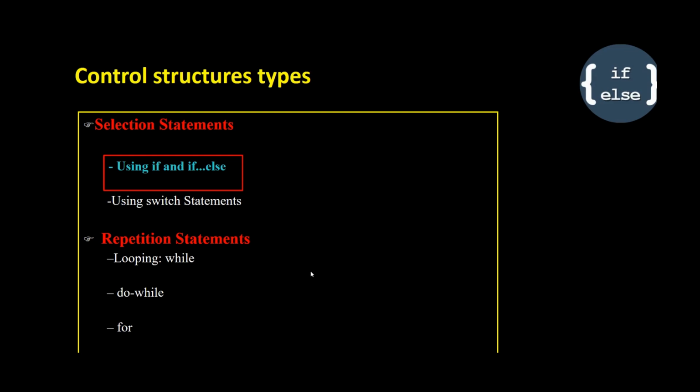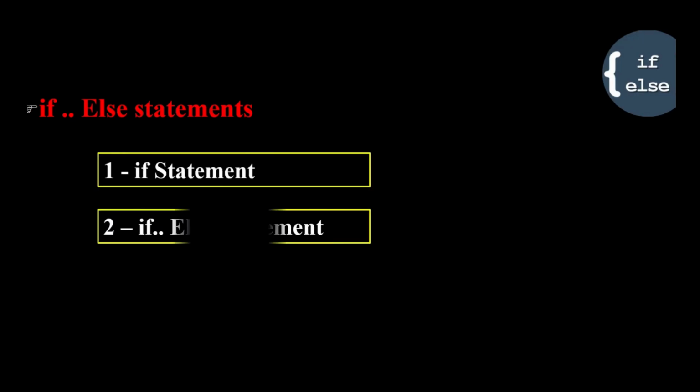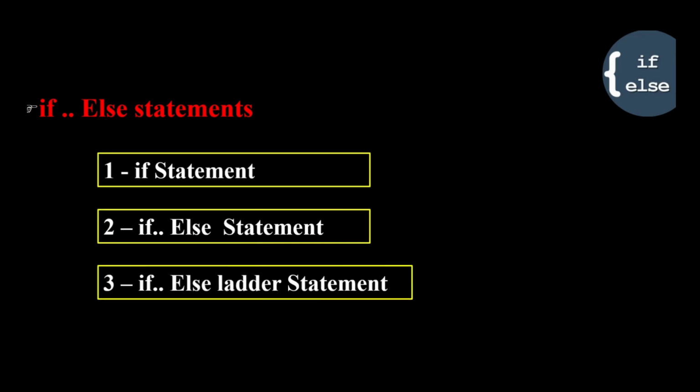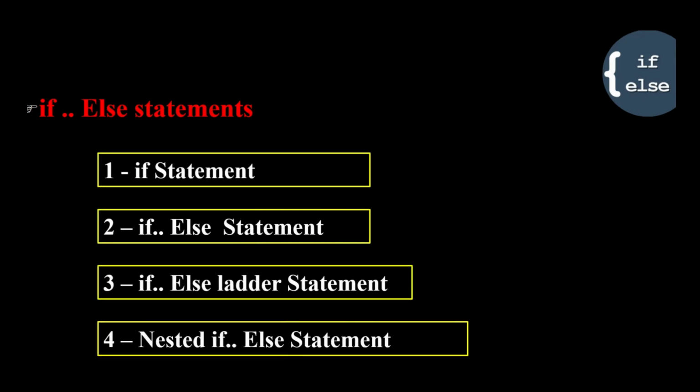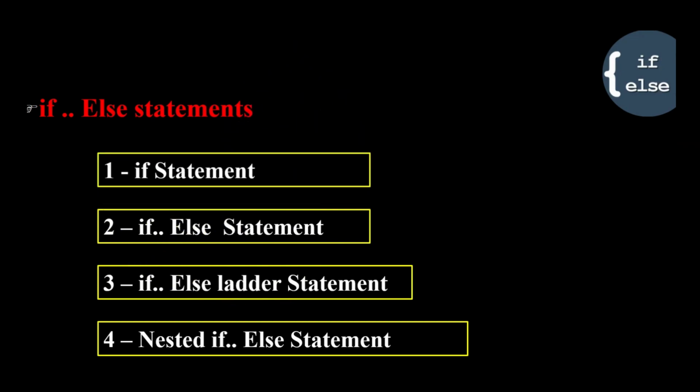So let's start with the first control structure, the selection statement, if-else. Inside the if-else statements, we have four types. The first one is the if statement, the second one is the if-else statement, the third one is the if-else ladder statement, and the last one is the nested if-else statement. We will start with the first one, the if statement.